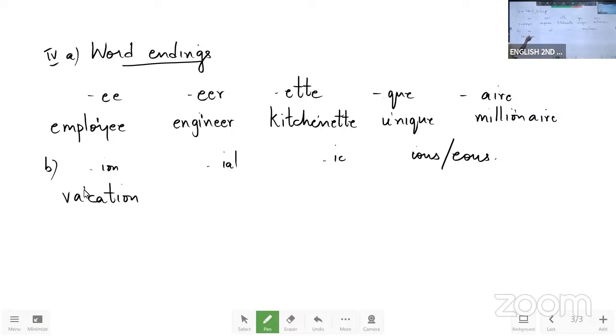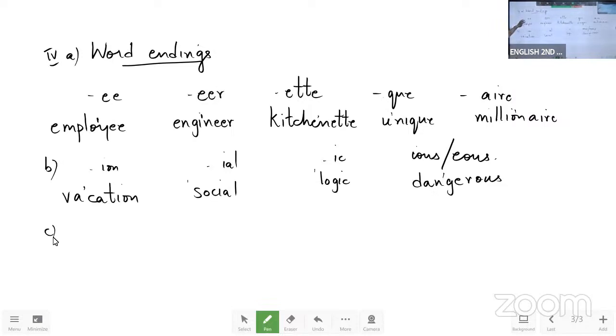So from the end second. Social. This is a disyllabic word, so it comes on the first syllable. Likewise, logic, again a disyllabic word. Dangerous, on the second syllable.